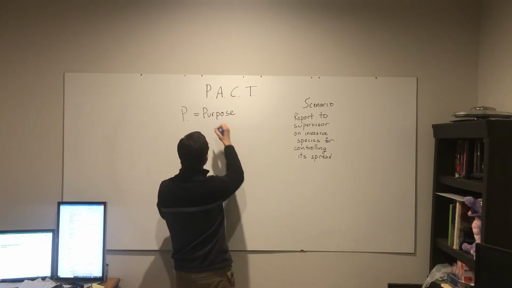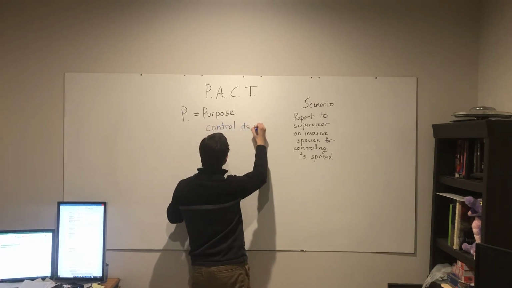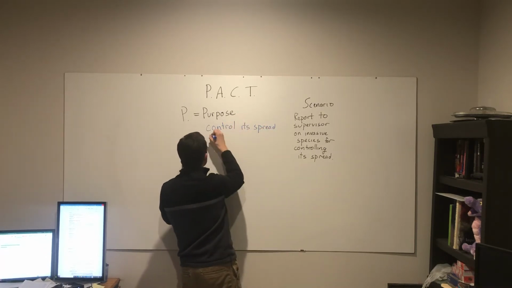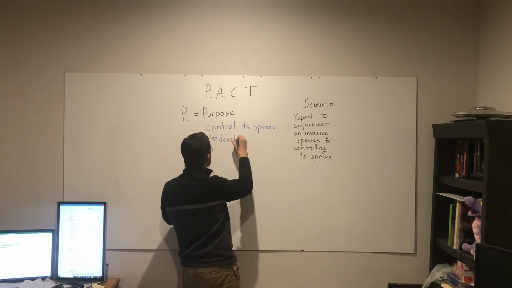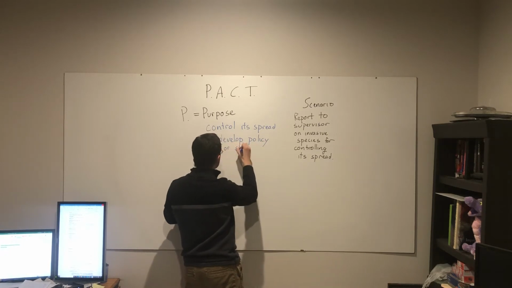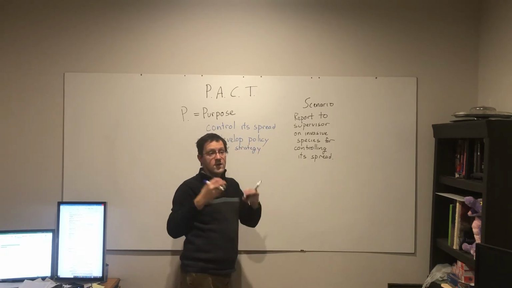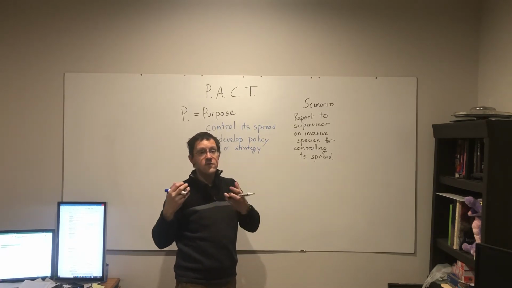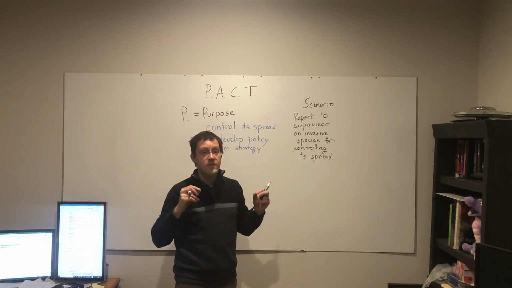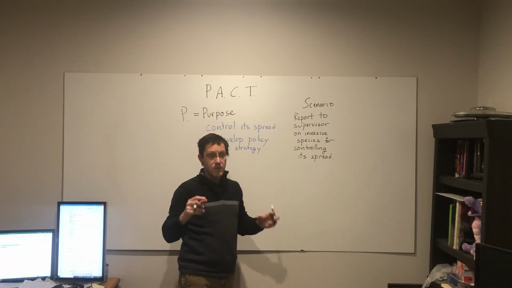The purpose is to develop a policy or a strategy that will control the spread of that plant. The purpose is controlling the spread. That is the end goal of what you wish to accomplish.